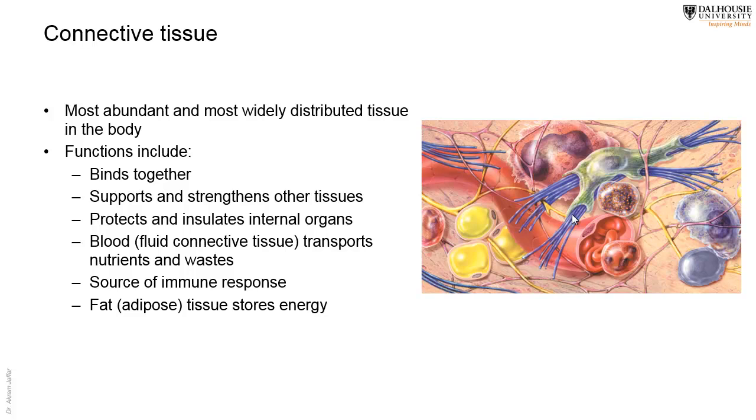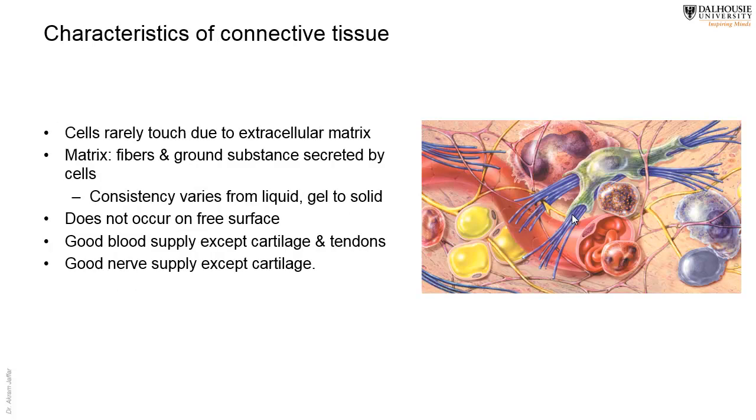So these are the main functions of the connective tissue, reminding you that it is the most abundant tissue that we have in the body. It is present everywhere. And the characteristic of this connective tissue is that the cells rarely touch each other because of the presence of a matrix, extracellular matrix.